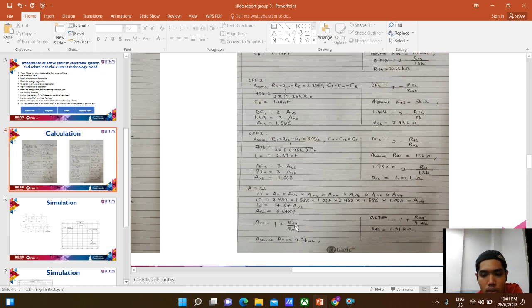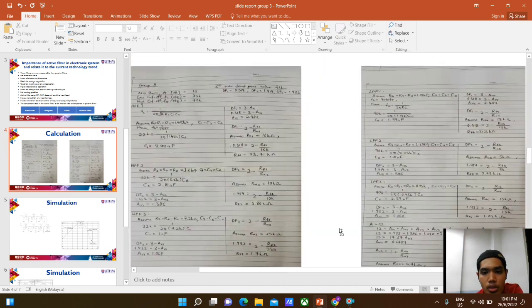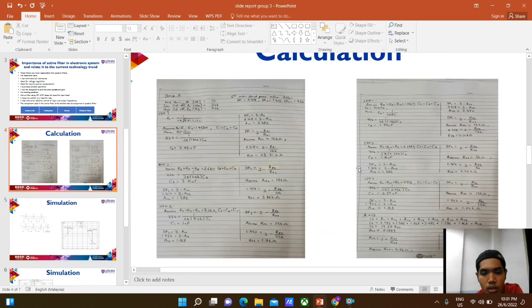When we get the answer, we calculate using this formula and this formula, and we also assume that the resistance is 4.7 kilo ohm. So this is all the calculation for the manual. Next I will pass to my partner to present about our simulation. That's all. Thank you.